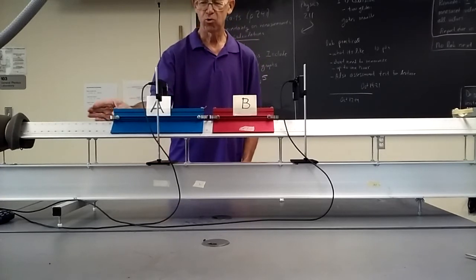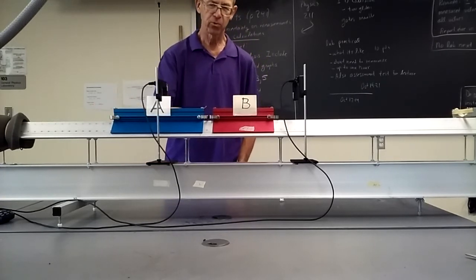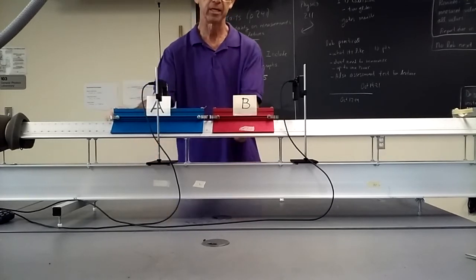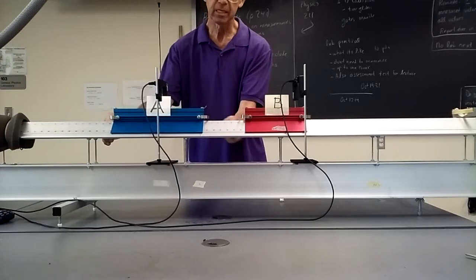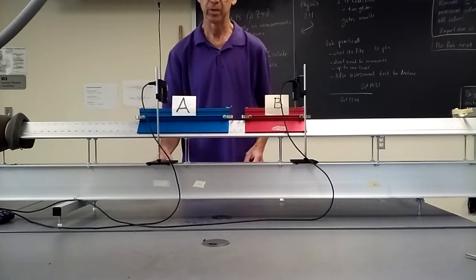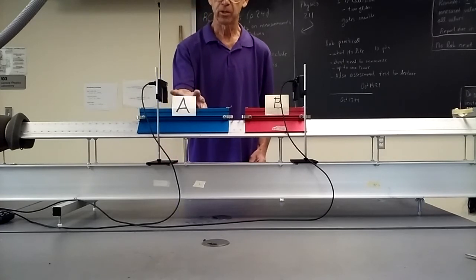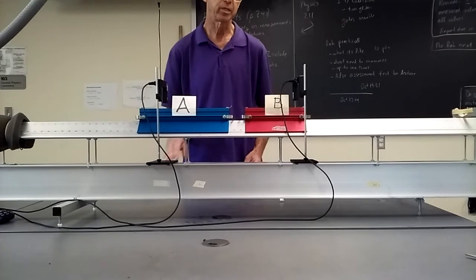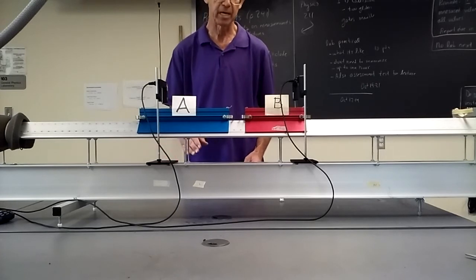So I don't know how much of that flag has gotten through when the computer measures the time. What we need is for the entire flag to get through, and that way we know that the length of the flag, that entire distance, has gone through, and we can calculate velocity that way, and it'll be accurate.